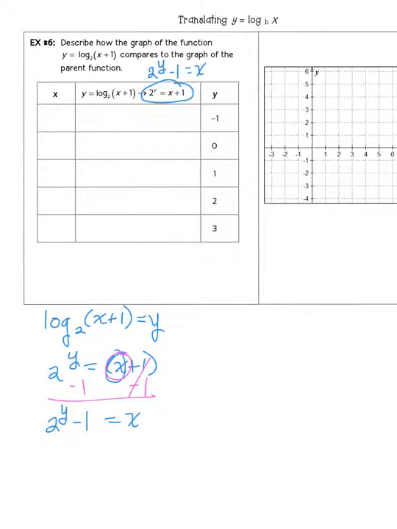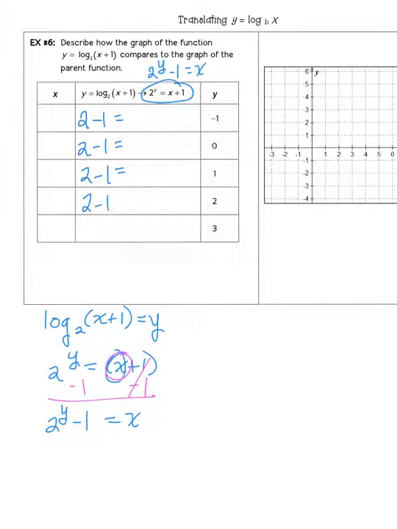You do have to choose those values? No, you can choose whatever values you want to for y. Because y is in the exponent, it can be positive, negative, 0, whatever. But this just happens to be what we have here. So I'm going to go ahead and set up the work in the table. So I've got 2 to the something minus 1 equals, I'll put that exponent up there in a minute.